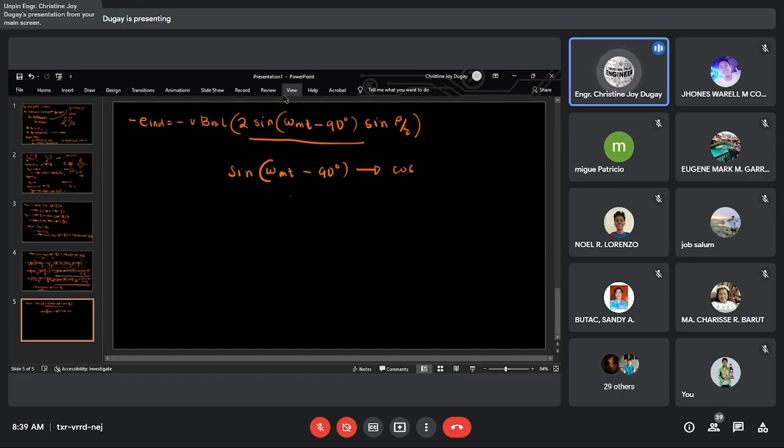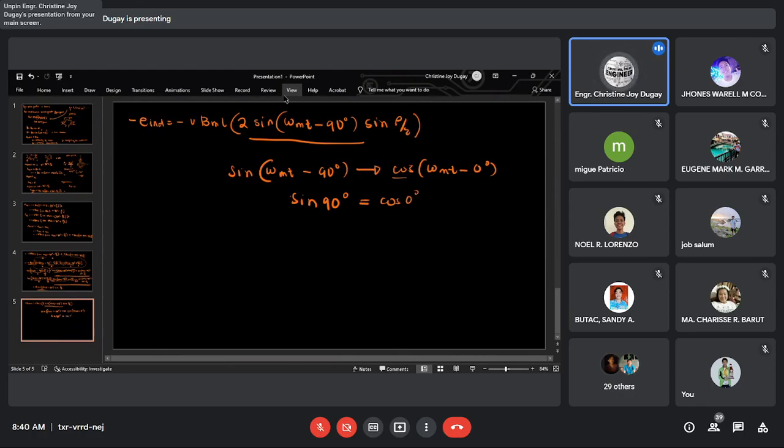So, kung i-transfer po natin to frequency domain, ang magiging angle po kasi natin dyan is 90 degrees, di ba? And this one naman, kung kukuha tayo sa cosine, that will be omega mt less 0 degrees. Equal sila. Bakit? Ang sine 90 degrees, that is equal to cosine of 0 degrees.